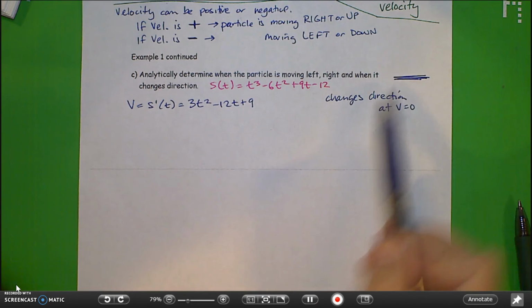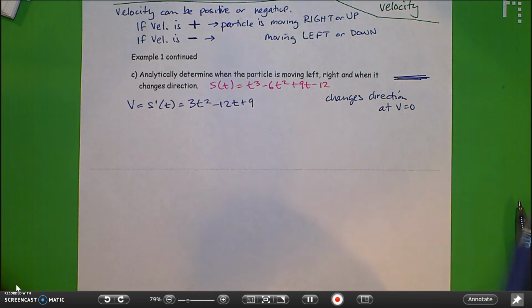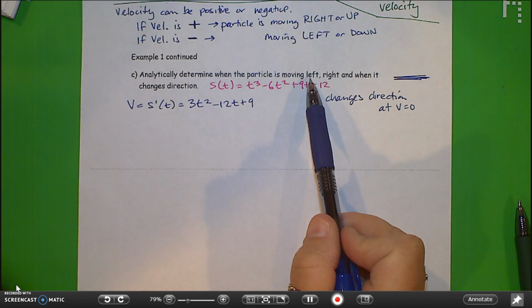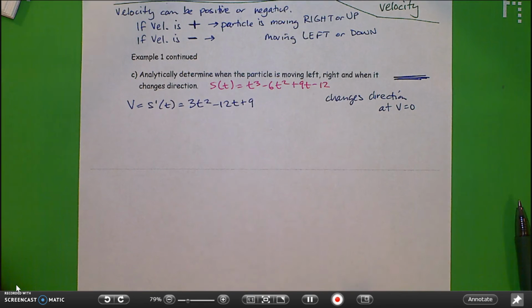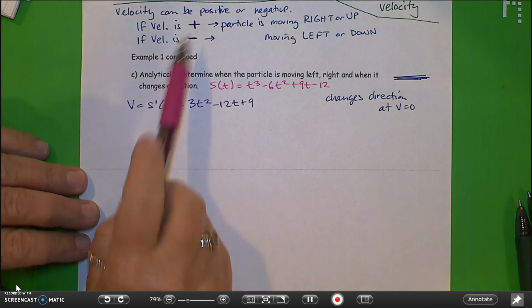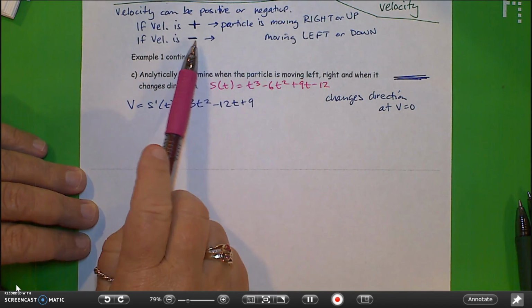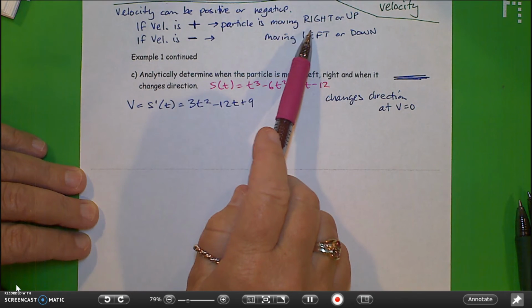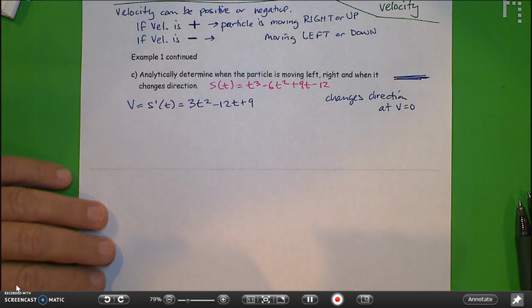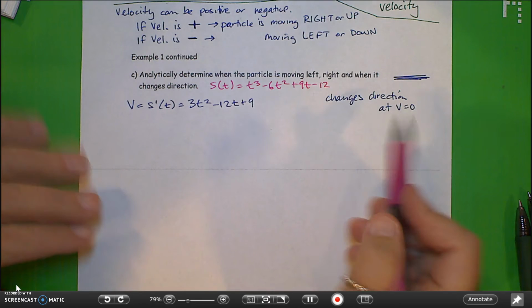So I need to stop and change directions, which means if I'm moving left in one condition and right in the next condition, that means that also my sign changes on my velocity. Because a positive velocity means I'm moving right, negative velocity means I'm moving left. So if it changes signs, that means that it changes directions. So here we go. Let's take a look at this.